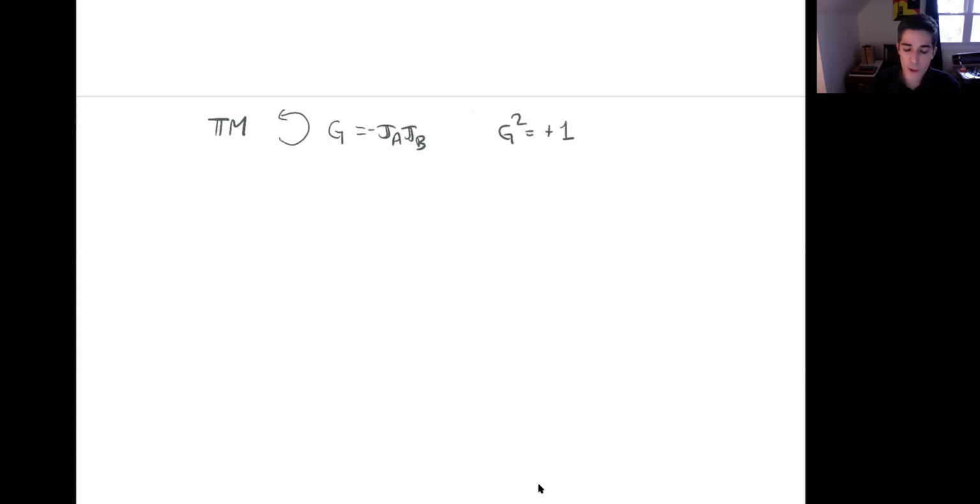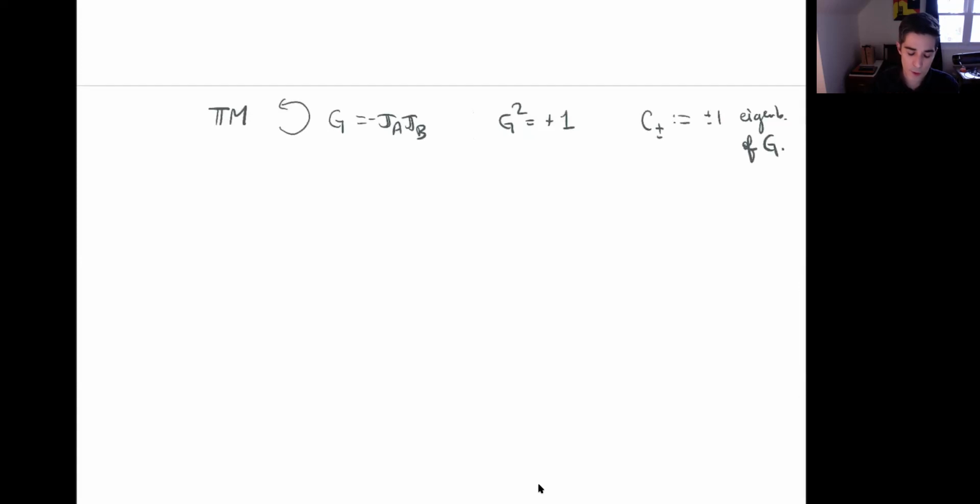So G will have plus and minus eigenvalues. So we'll define C plus minus to be the plus minus 1 eigenbundle of G.